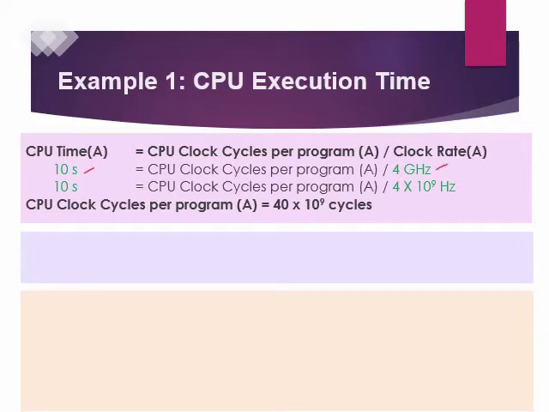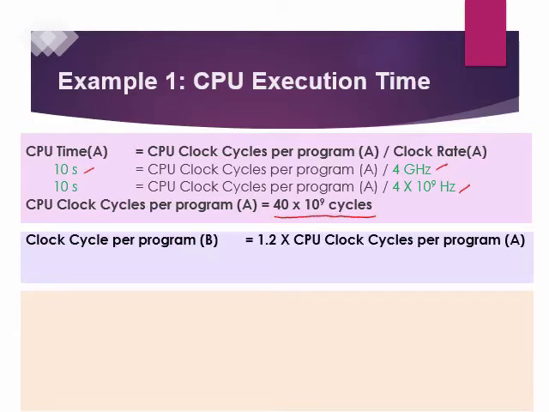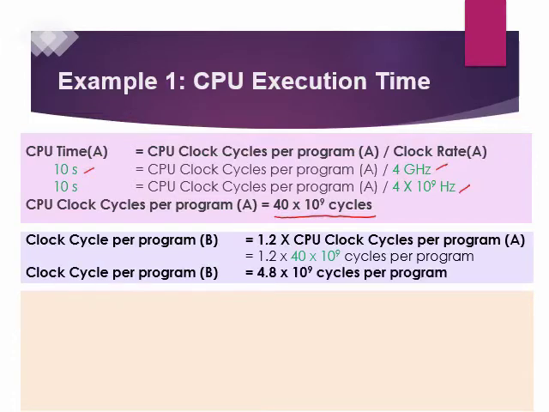We convert that to 4 times 10 to the power of 9 hertz. So we end up with this answer for clock cycles per program for A. Then we can calculate clock cycle per program B because it says that it is 1.2 times clock cycle per program A. So we got that. And our answer is for clock cycle per program B, this is our answer.